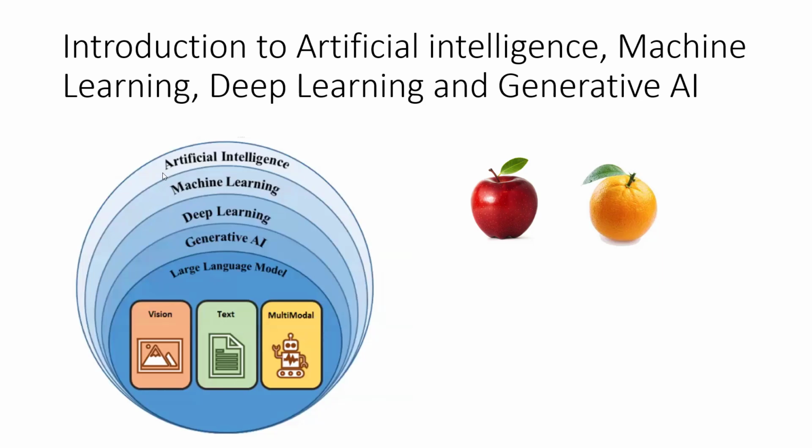If you notice here, inside artificial intelligence AI we have machine learning, ML, and inside machine learning we have deep learning, DL, and inside deep learning we have generative AI. So generative AI is one of the subjects in deep learning.